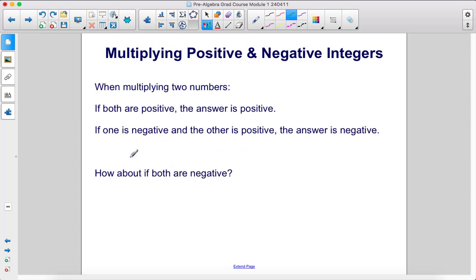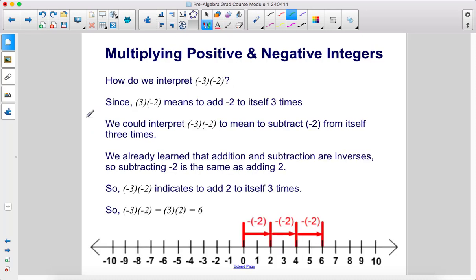When multiplying two numbers, if both are positive, the answer will be positive. If one is negative and the other is positive, the answer is negative. But what about if both of the numbers are negative? How do we interpret negative 3 times negative 2? Well, since 3 times negative 2 means to add negative 2 to itself 3 times, we could interpret negative 3 times negative 2 to mean to subtract negative 2 from itself 3 times.